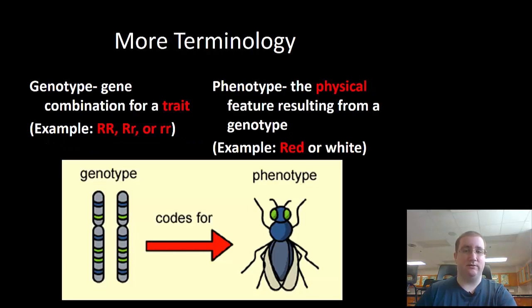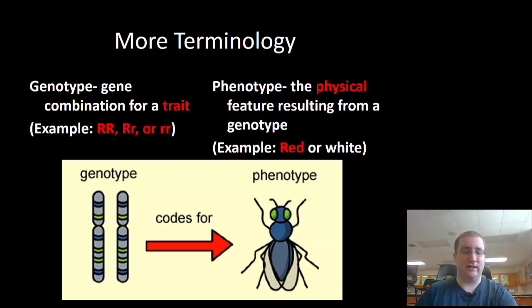We have genotype versus phenotype. The genotype is literally your combination of genes. So it's the combination of DNA, the combination of chromosomes that you actually have. So you can see examples. It could be two dominant genes, capital R, capital R. It could be a dominant and recessive, capital R, lowercase r, or it could be two recessive copies of that gene, little r, little r. Your genotype determines your phenotype, which is your physical characteristics.